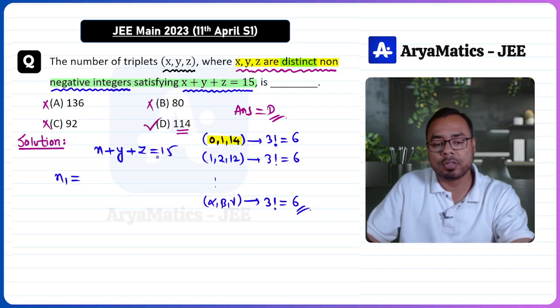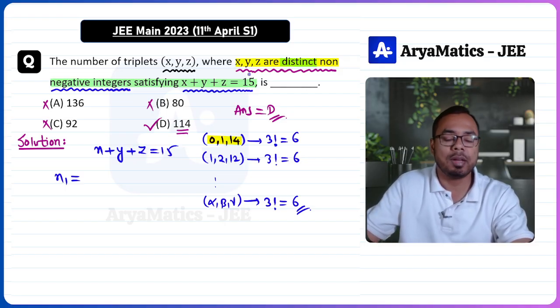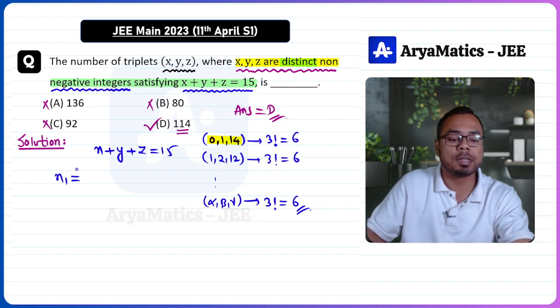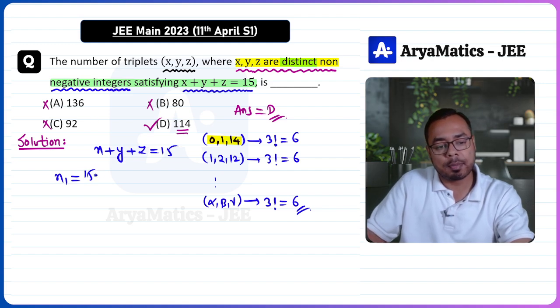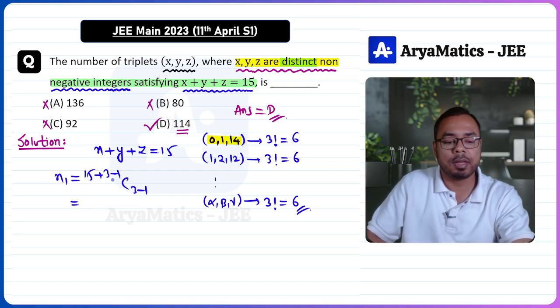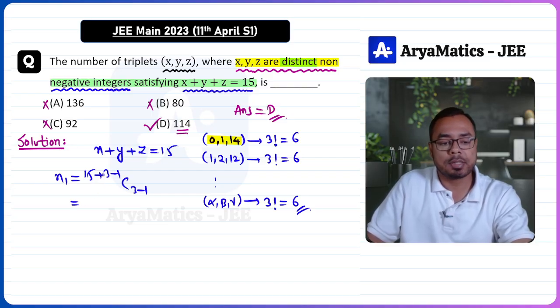That will be the number of ways of distributing 15 identical objects among 3 persons, and non-negative means each person can get 0 or more. So 15 plus 3 minus 1, C 3 minus 1. This will be the total number of solutions without any restriction. That is 17C2, 17 into 8, that will be 136. So this is the total number of solutions.